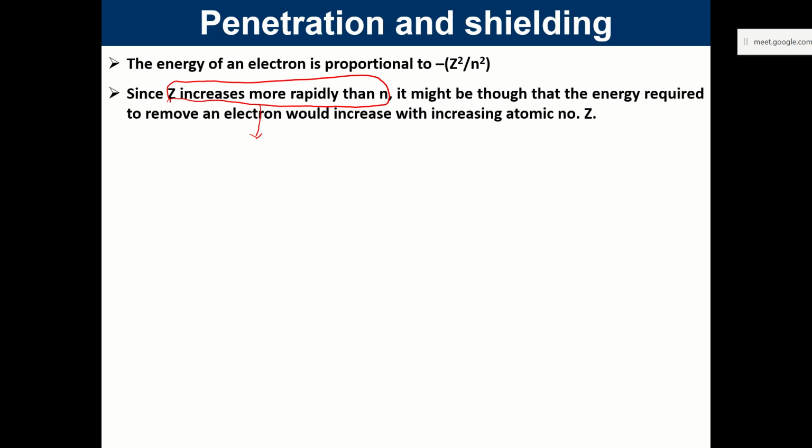So let me, it should strike immediately that let's start moving through the periodic table. Hydrogen, helium, lithium, beryllium, boron, carbon, nitrogen, oxygen, and so on. So what do you find?